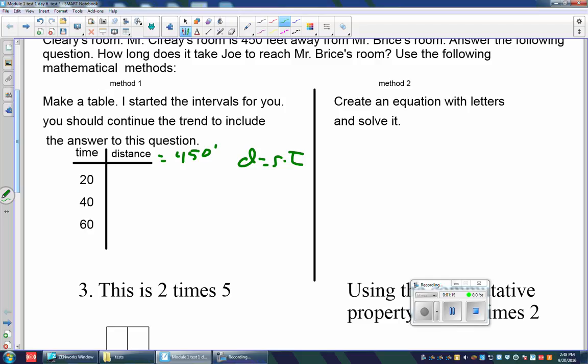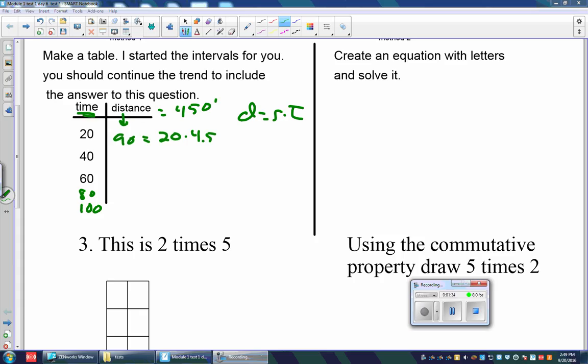Now here, time is 20. So distance, the number that goes right there, equals 20 times 4.5, or 4.5 times 20, which is 90. And then here, in the second line, it is 40 times 4.5, which is 180 feet.